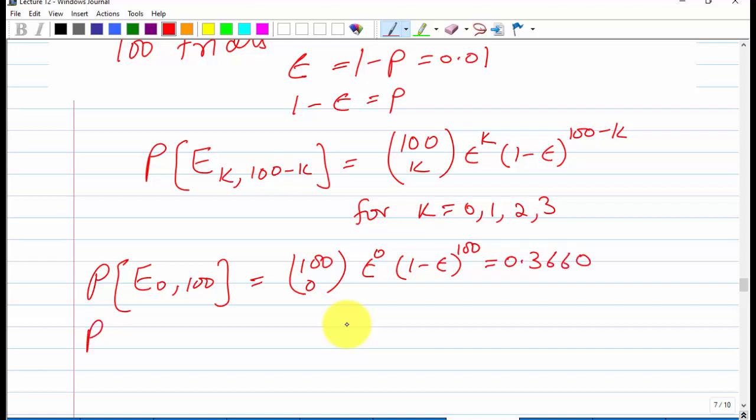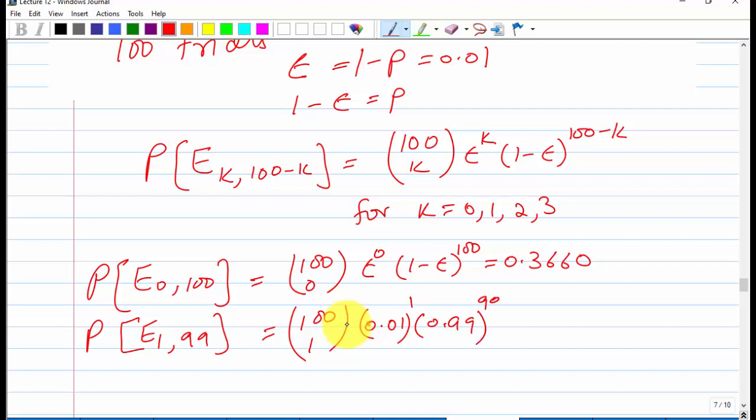Similarly, the probability of 1 bit error, E_1,99, will be 100 choose 1 times 0.01 to the power 1 and 0.99 to the power 99. If you calculate it, it will be 0.3700.